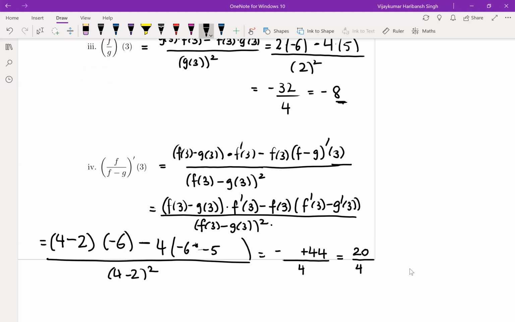So this is going to be minus 12. So that is going to be 32 over 4, which is going to be 8. Thanks. Okay, so this is the answer. So the answer is 8.